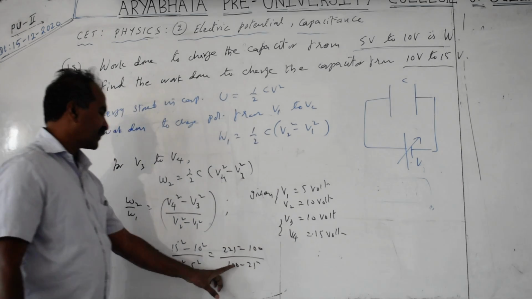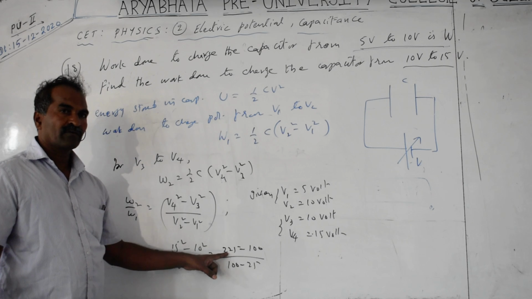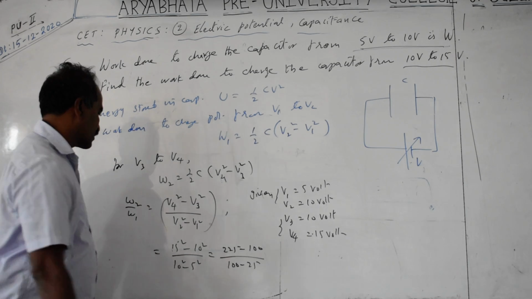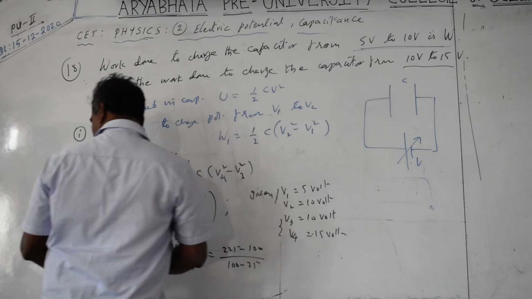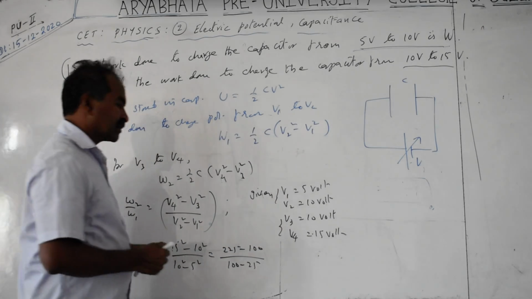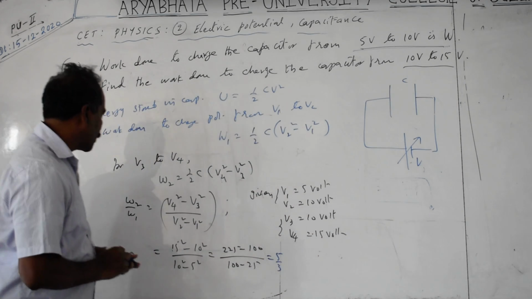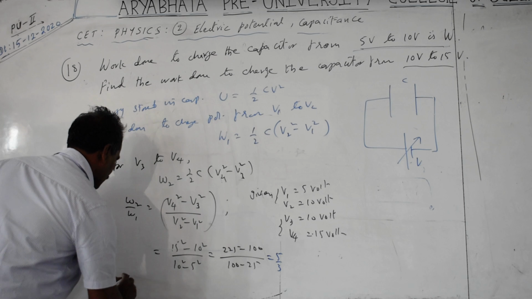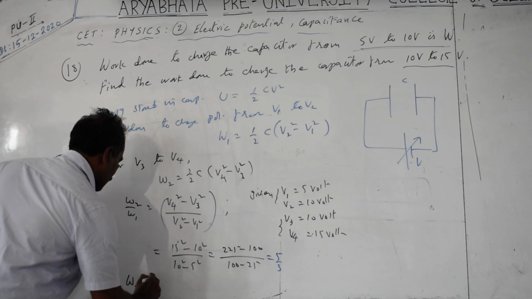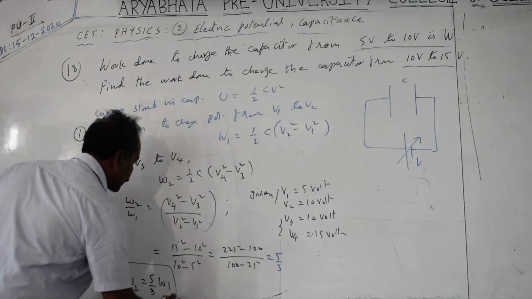This is 75 and this is 125. So the calculation gives 5 by 3. So W2 is equal to 5 by 3 times W1.